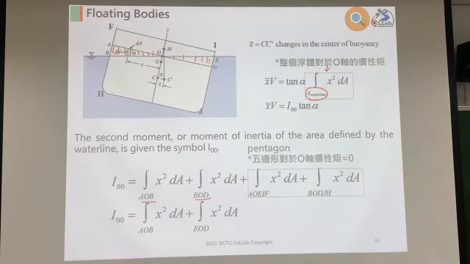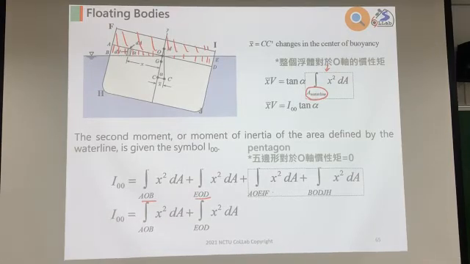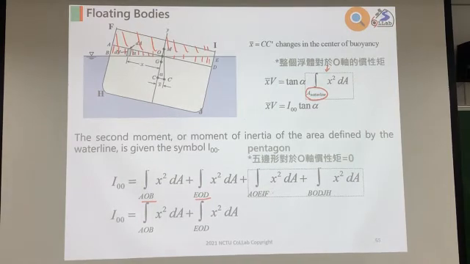And another part is AOEIF. Where is AOEIF? AOEIF is here. And another is BODJH. BODJH is here. So this is the total second moment for the water line area surface.